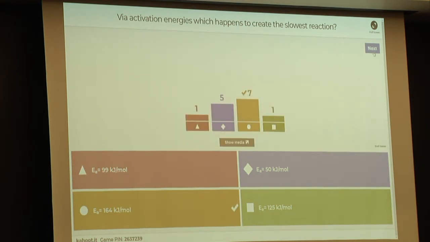All right, so the one with the highest activation energy would be the one that's the slowest reaction. If you think back to the activation energy graph, you have to think about going over this hill, right? So the one with the highest activation energy would be the slowest reaction. All right, we're good.